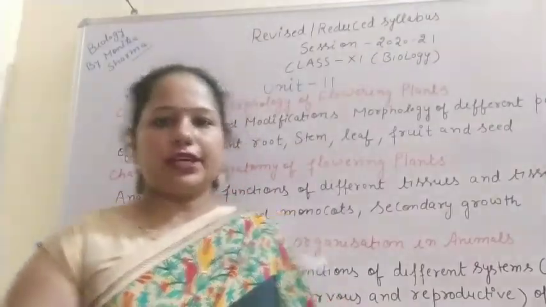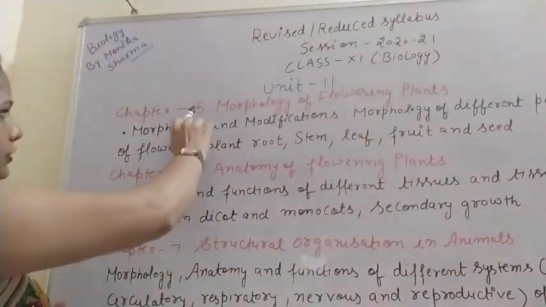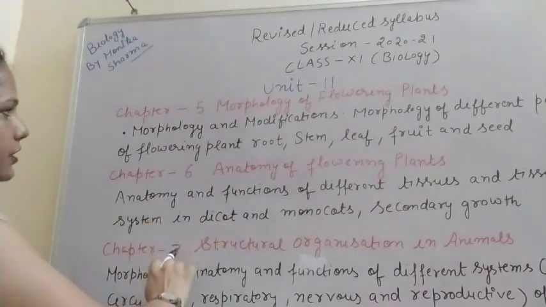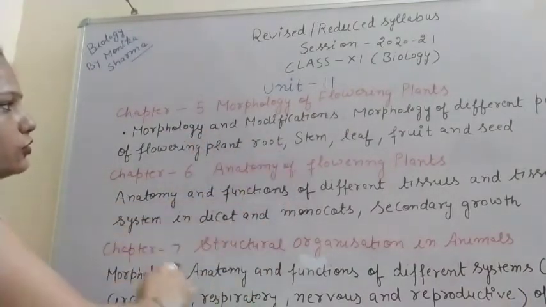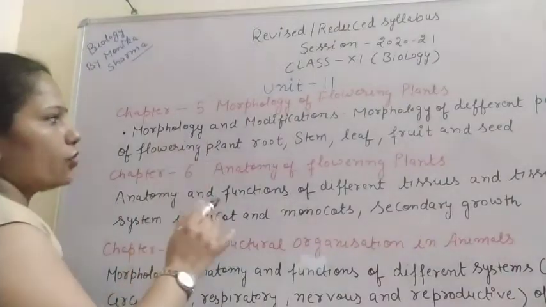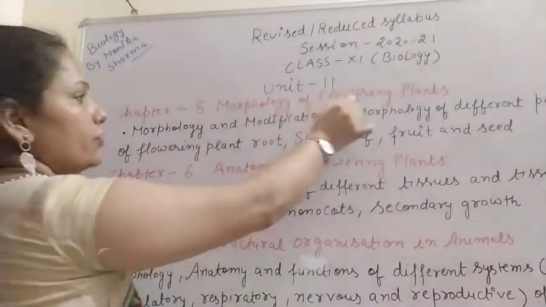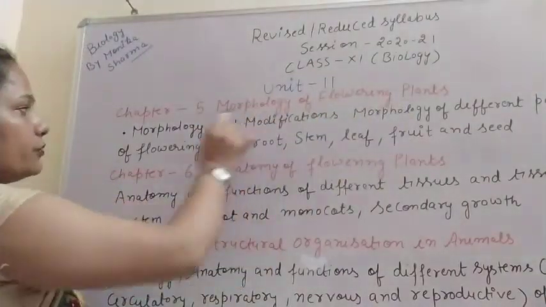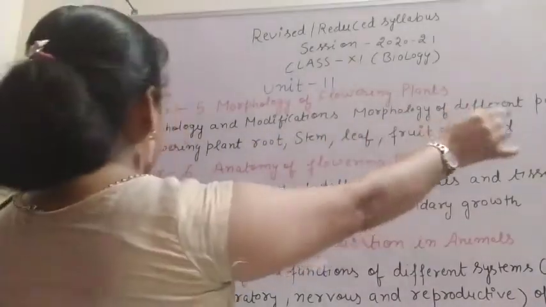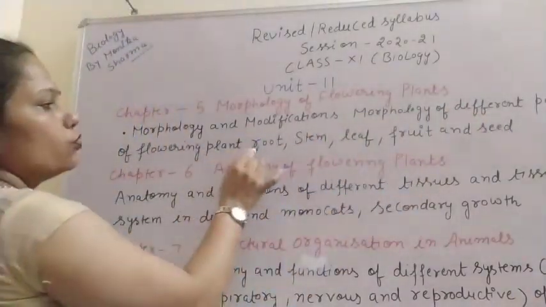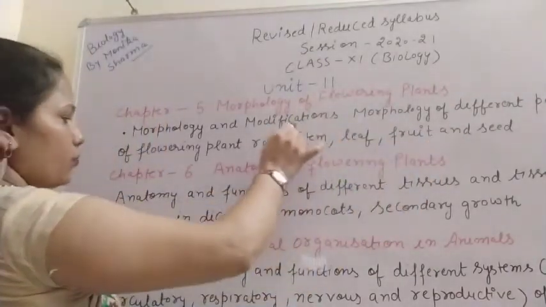Now from unit 2nd there are three chapters, chapter 5th, chapter 6th and chapter 7th. These chapters are not totally removed, but some topics are removed from them. Chapter 5th, Morphology of Flowering Plants: morphology and modifications, morphology of different parts of flowering plant, root, stem, leaf, fruit and seed are removed.